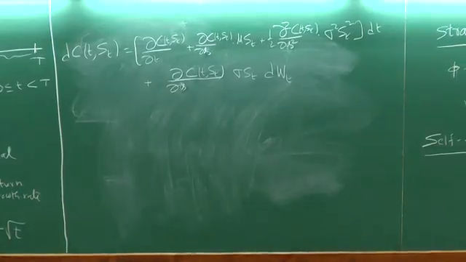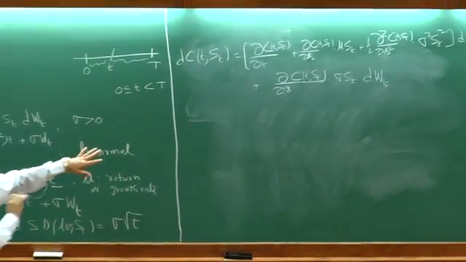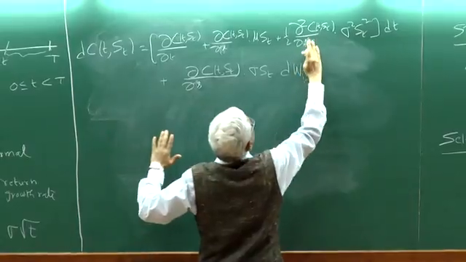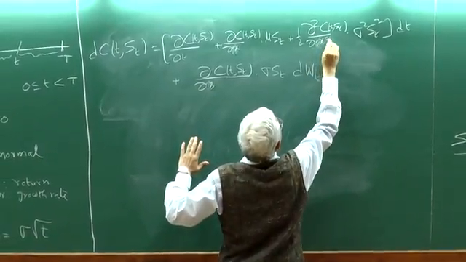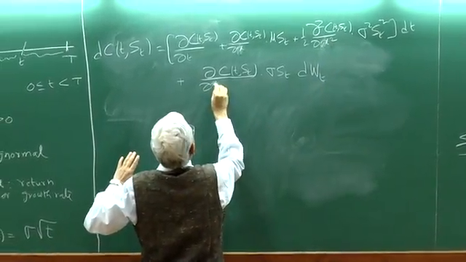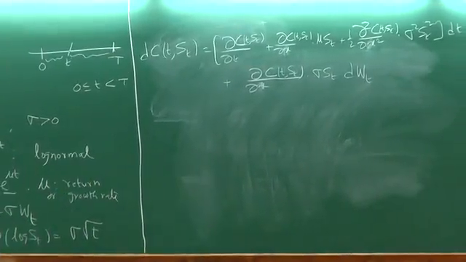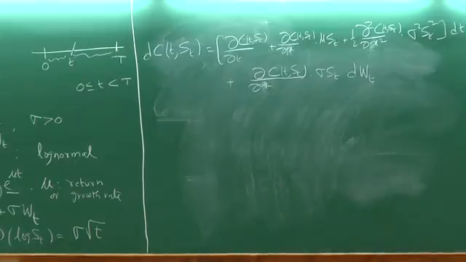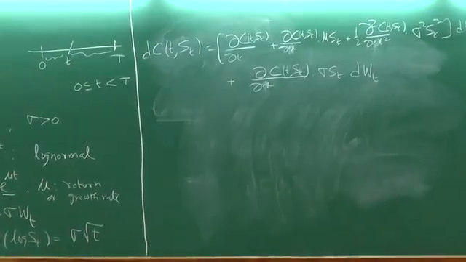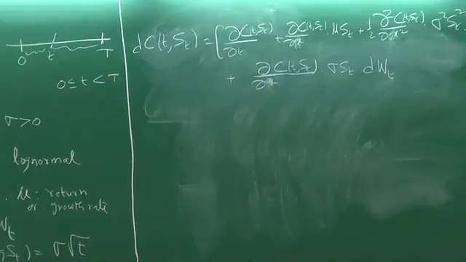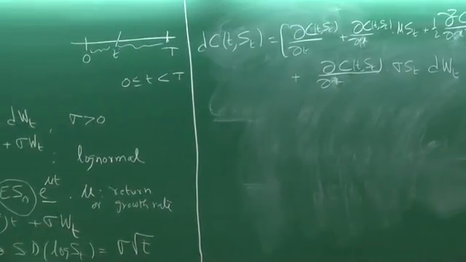So x is better or s? Shall I call it x? Differentiation with respect to x means the differentiation with respect to the second variable. Del over del t means differentiation with respect to the first variable, and del over del x means differentiation with respect to the second variable, which happens to be the stock, evaluated at (t, S_t).